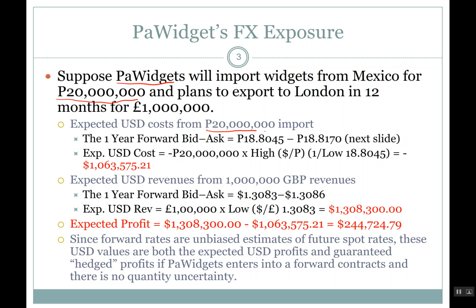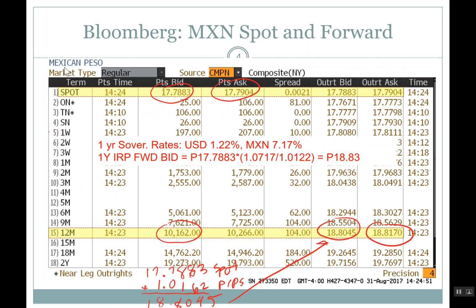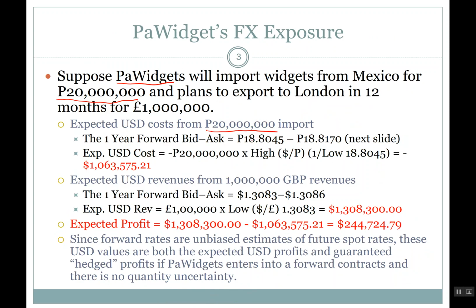All right, so 20 million pesos. I looked up the exchange rate from Bloomberg. There's the 1 year forward. The bid-ask on the peso is 18.8045 bid and 18.8170 ask. So if they're going to pay 20 million pesos, they're going to use the rate that makes them pay more.